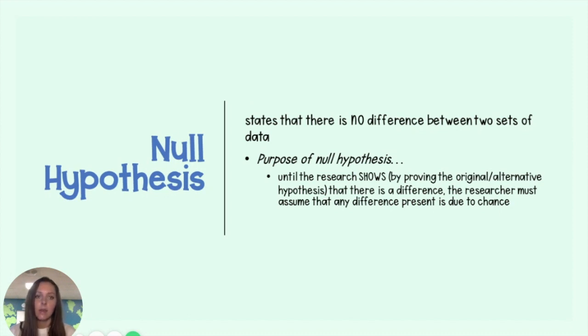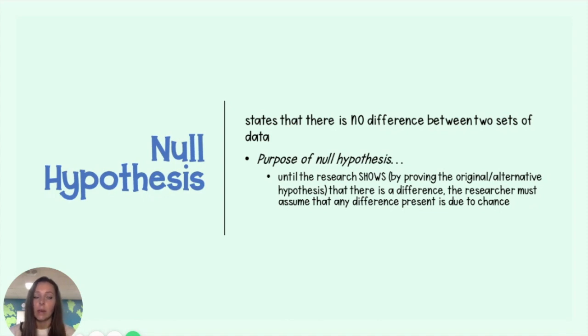So you have your hypothesis, which is what you're testing, but then you also have your null hypothesis, which is just saying that there's no difference between two sets of data or two variables. So the purpose is, until the research shows that there's a difference, the researcher must assume that if there is any difference, it's due to chance.